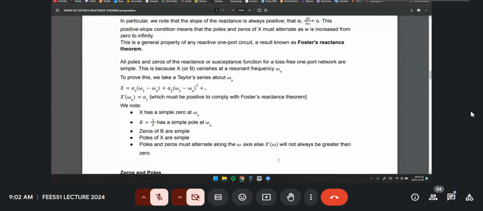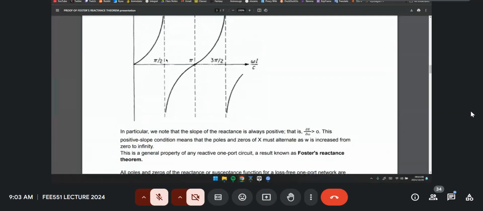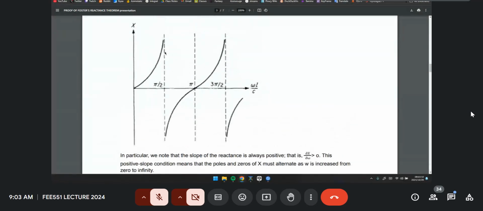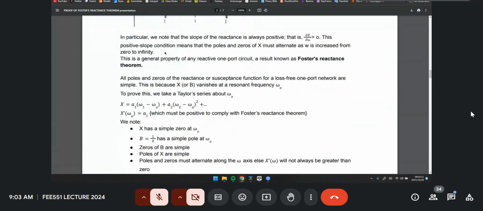This same equation, Sherry will show like the longer version of the X equation. We can prove this relation by looking at how the poles and zeros correlate with each other. We're using the Taylor series, taking the derivative with respect to W and replacing this W with W0.